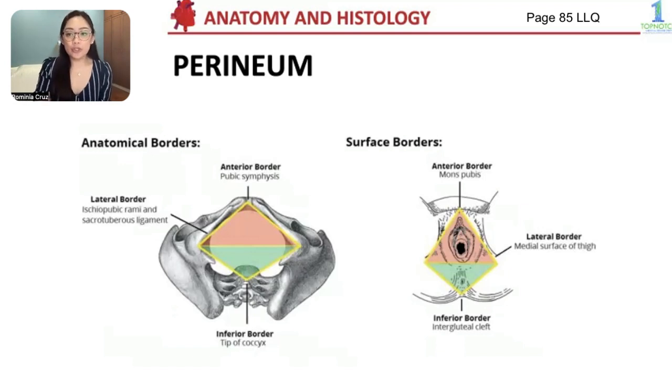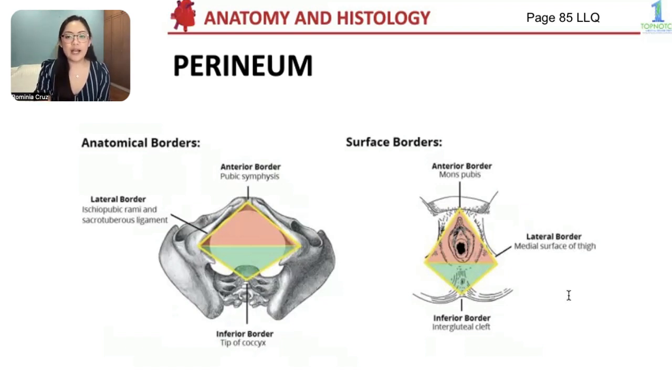Okay, so more inferior to your pelvic diaphragm is your perineum, and the perineum is bounded by the following anatomical borders. Anteriorly, you have your pubic symphysis, anterolaterally by your pubic rami and your ischial rami, laterally by your ischial tuberosities, posterolaterally by the sacrotuberous ligaments, but it's not seen here, and inferiorly by your sacrum and the coccyx.